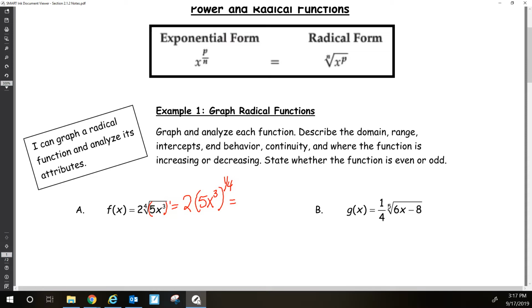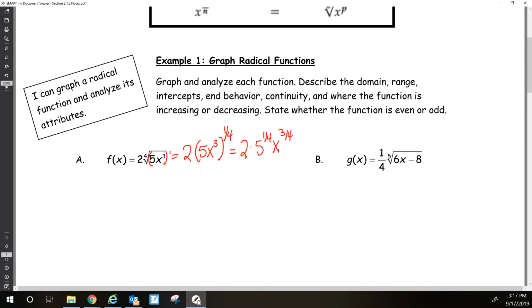I could expand that out a little bit and say 2 times 5 to the 1/4 times x to the 3/4. So the shape of my graph should look something like this. It's getting a little bit stretched, so it's going to be a little bit bigger, but I should have the shape of x to the 3/4.